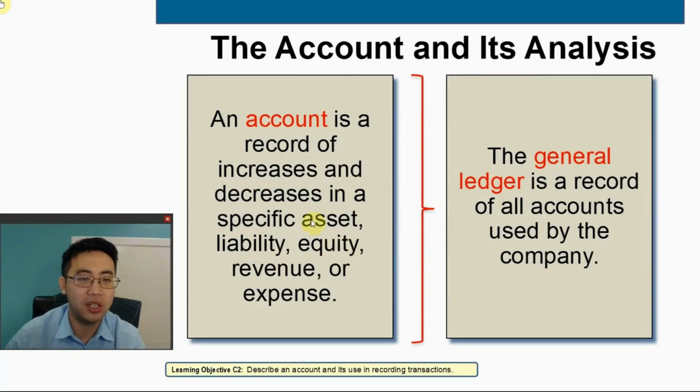So if any changes are related to these items we learned before in the financial statements, then that will be an accounting record. After we get the accounting records, we will summarize all of them, maybe hundreds or even thousands of accounts, into the general ledger book. The general ledger is a record of all accounts used by the company.